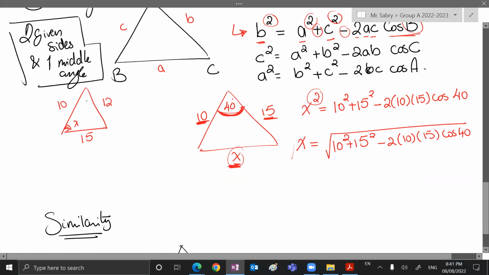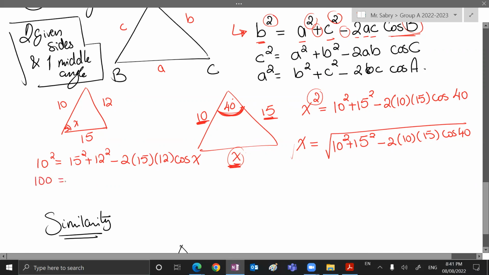You'll take any side and say that this side squared is equal to the two other sides squared minus 2 multiplied by the two sides multiplied by cosine the angle that I don't know, which is x. Now, how do I find x? Solve this as an equation.